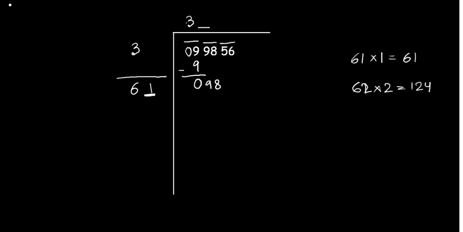So writing 1 over here as well. Now 61 multiplied by 1 will give us 61. Again subtracting, we will obtain 37.